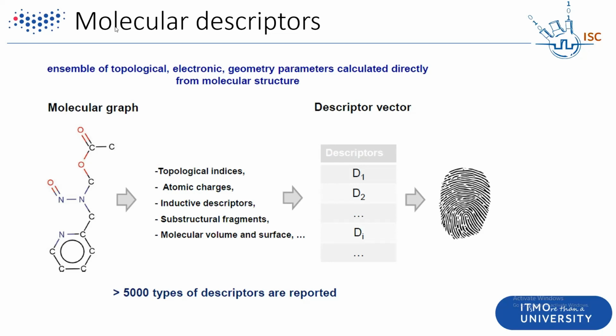If this is the affinity descriptor, then I would use the number of torsions and the number of saturated and unsaturated bonds, because the number of unsaturated bonds means that you decrease the conformational space here.